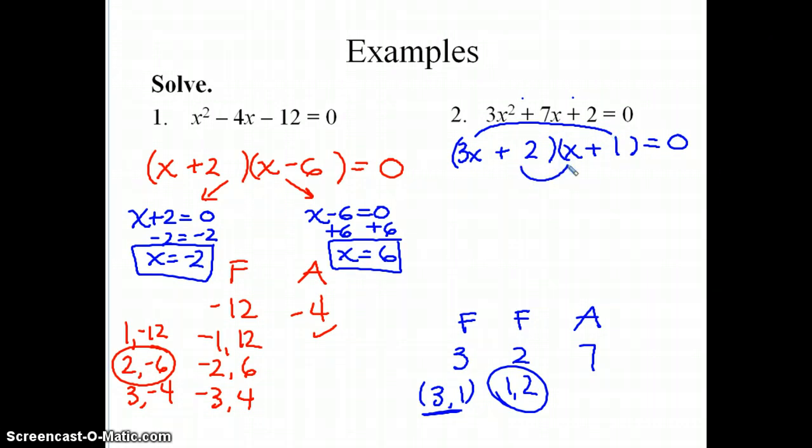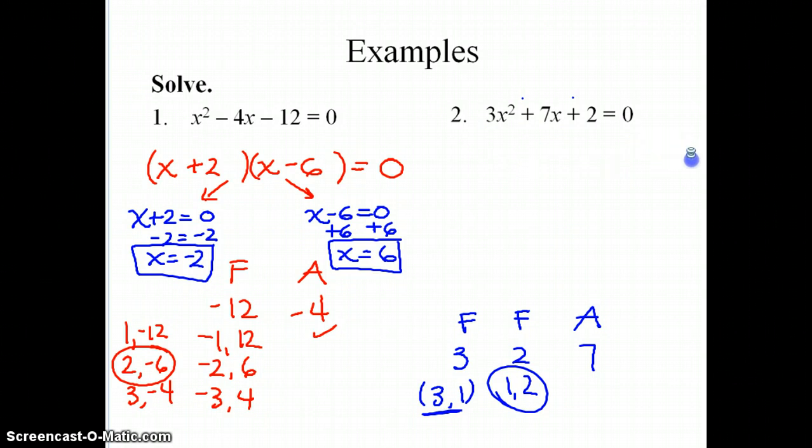I realize that's not going to work, so I have to make a slight adjustment. So I'll go back here, and I'll go 3x, x equals 0. And now I will place the 2 in this location and the 1 in that.